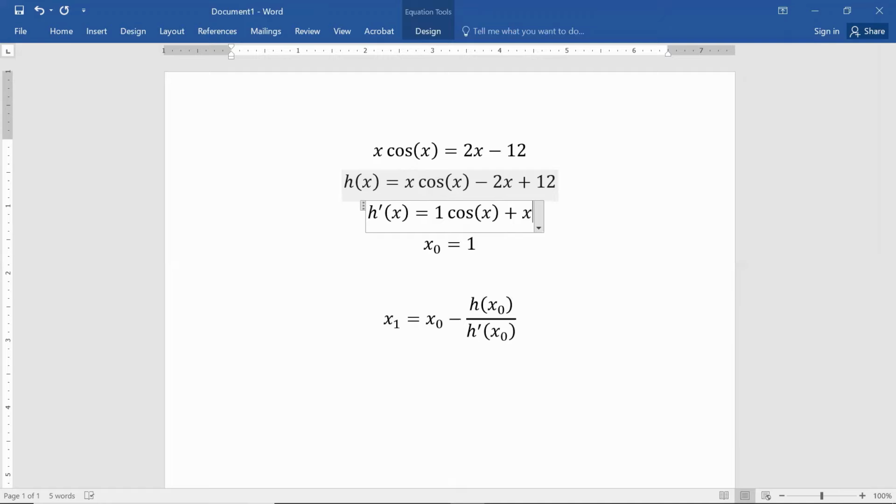Derivative of the second piece is negative sine, so I'm going to change this plus to a minus. Derivative of negative 2x is simply negative 2. Derivative of 12 is 0. So my derivative is cosine x minus x sine x minus 2.